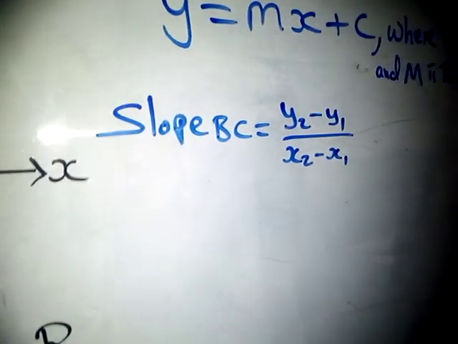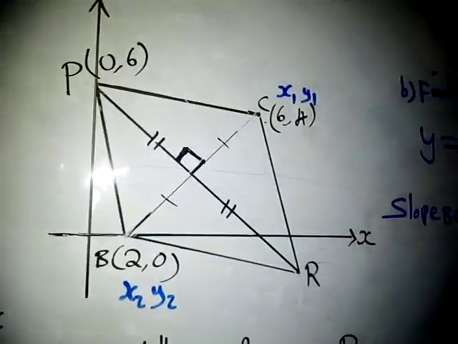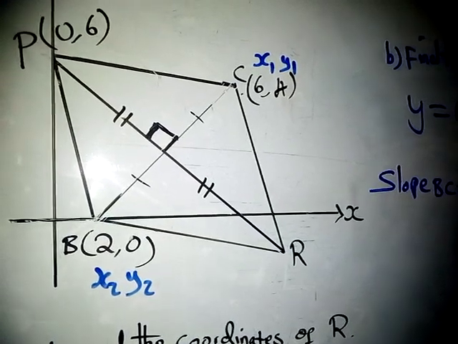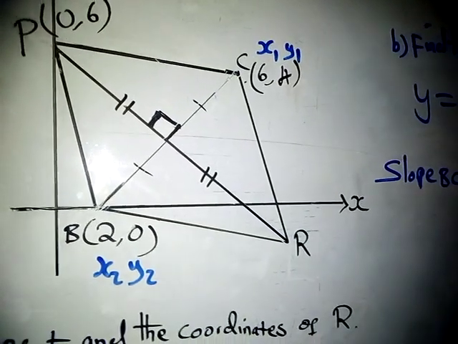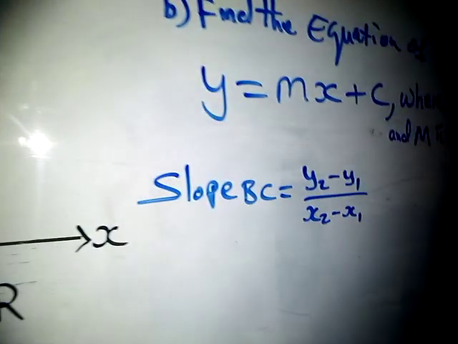So this is the slope formula, or the gradient formula, for line BC. Take note, BC is this particular line you're seeing there, B is (2,0) and C is (6,4). Let's plug these two points into the formula.